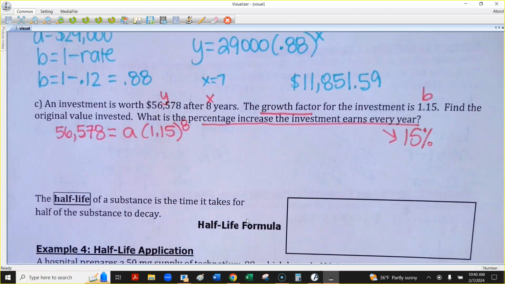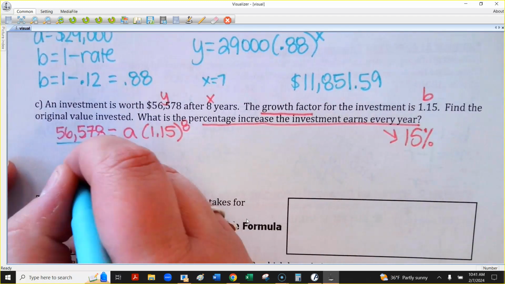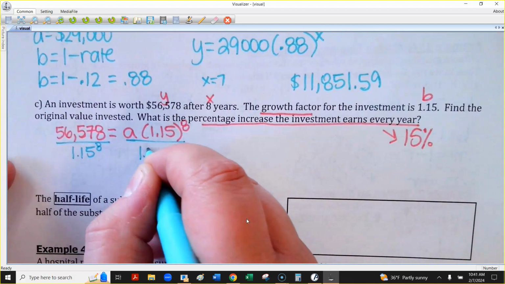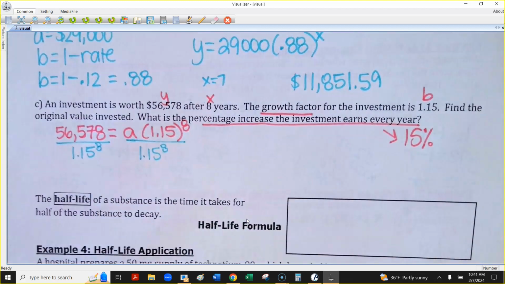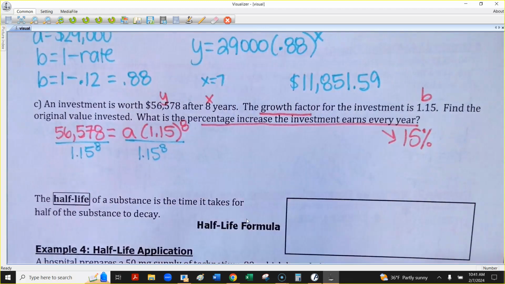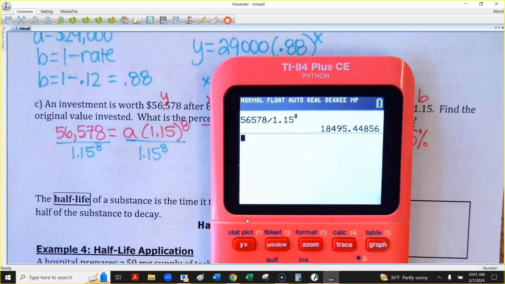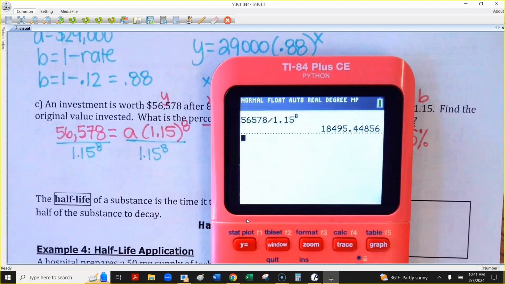All right, now you're just going to take this and divide by 1.15 to the 8th power. It's just some number. I don't know what it is off the top of my head, but we're just going to take and divide by that. You can do it all in one step. So I'm going to take the 56,578, divide by 1.15 to the 8th power, and just hit equals. Now, they're getting 15% interest. So what I started out with should be smaller than what they gave me.